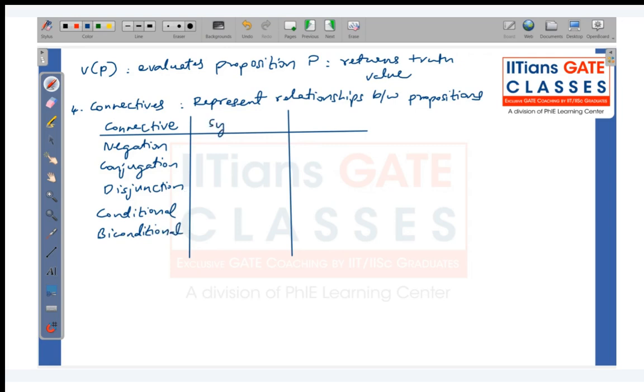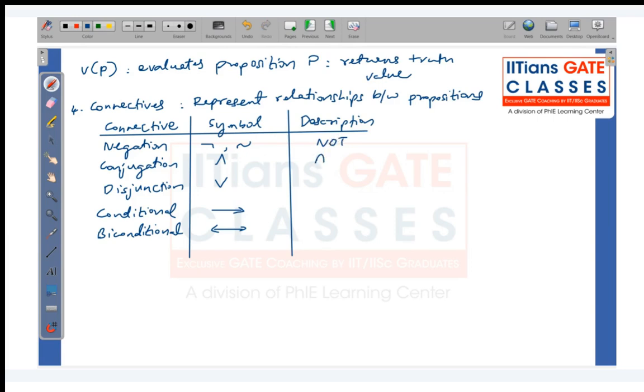Okay. With a symbol. Negation, it's either this or I can use a tilde. Conjunction and disjunction are opposites. Disjunction is a V, conjunction is an inverted V. Conditional has an arrow, biconditional has 2 arrows. Coming to the description of each of these, negation is essentially a NOT gate in digital electronics.